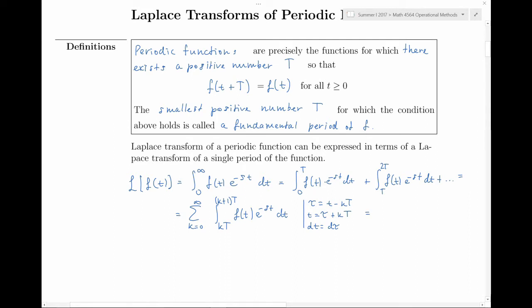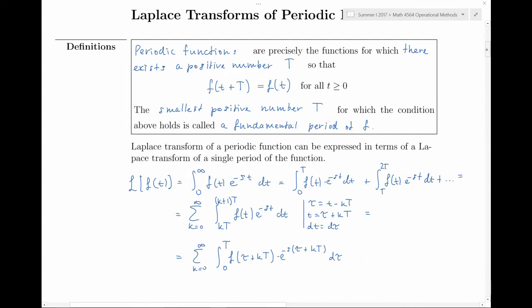So this is going to be the summation of integrals that integrate from 0 to capital T of f of tau plus kT times e to the minus s multiplied by tau plus kT d tau.